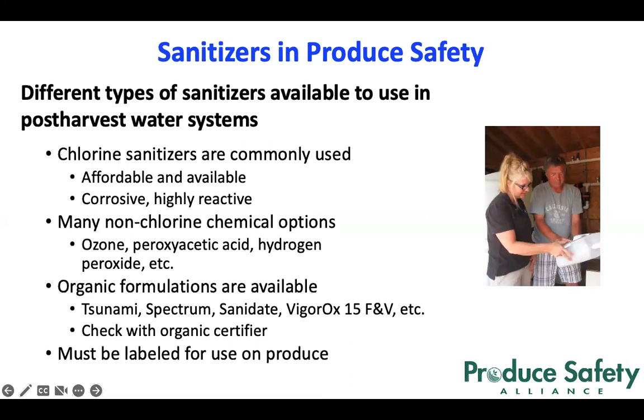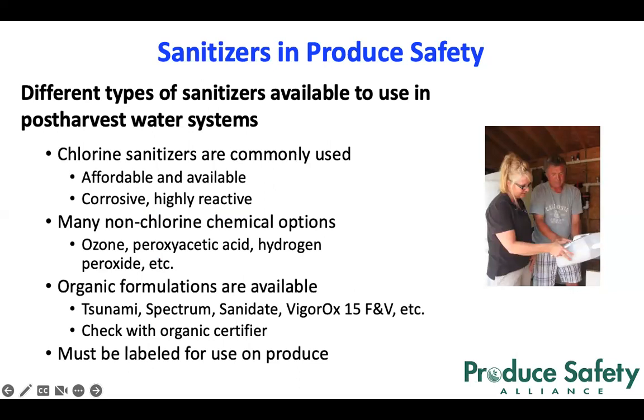The use of properly labeled sanitizers, also known as antimicrobial pesticides, in water that comes in contact with fruits and vegetables at or after harvest is highly encouraged to reduce the risk of cross-contamination by human pathogens.